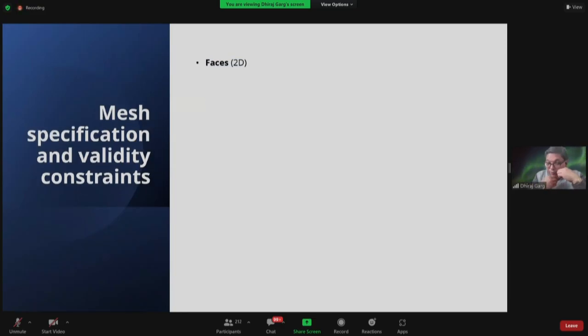Then from these points, we want to generate faces, which are basically two dimensional. We cannot jump from 0D to 2D, so what you need is to generate faces. It's basically done using an ordered list of points. An ordered list means the points may have their own numbering, but you need to tell in which order to put them so as to create the face.